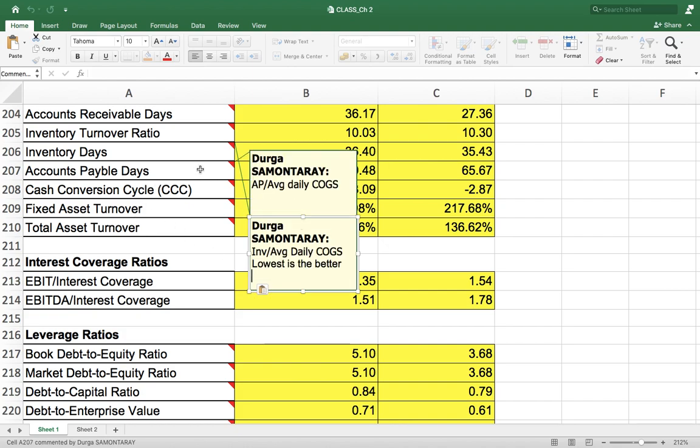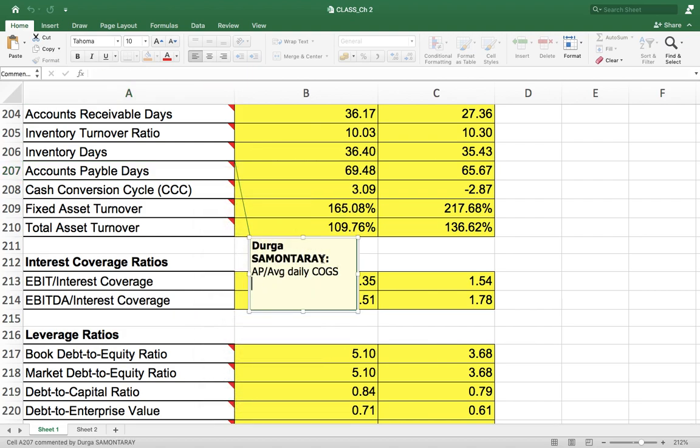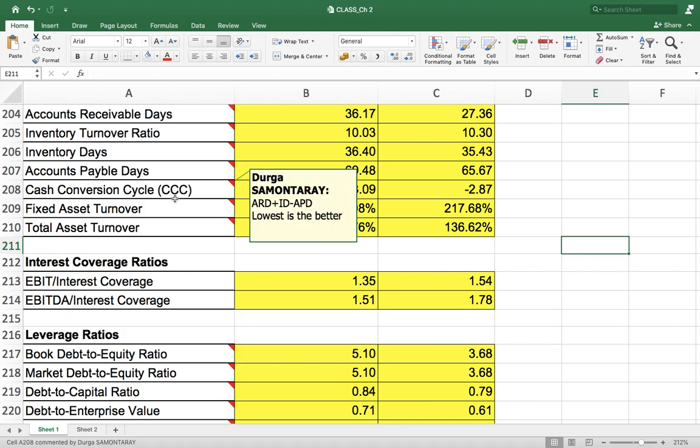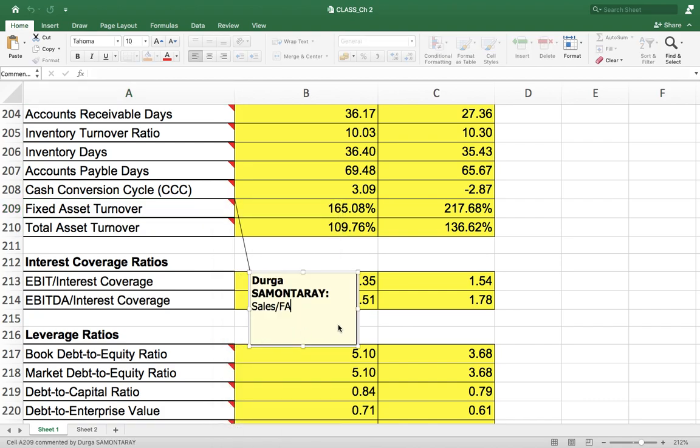Accounts payable days: edit comment, higher is better. Fixed asset turnover: edit comment, because these are all turnovers, highest is better.